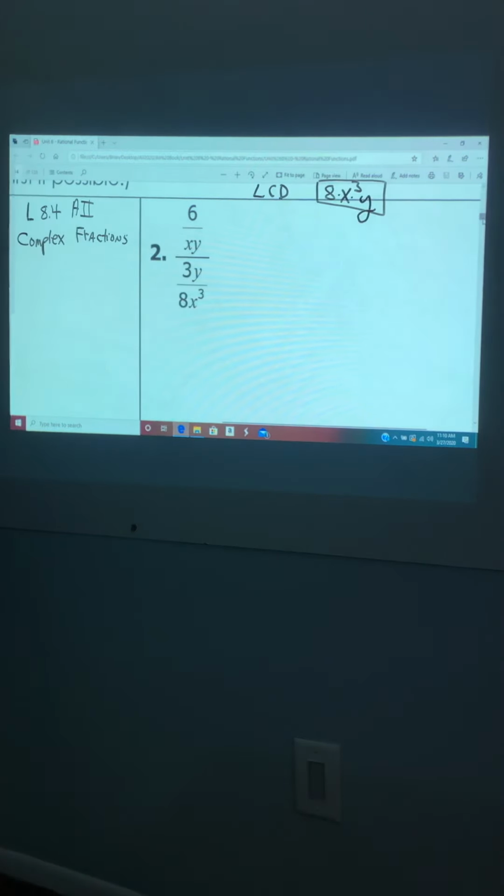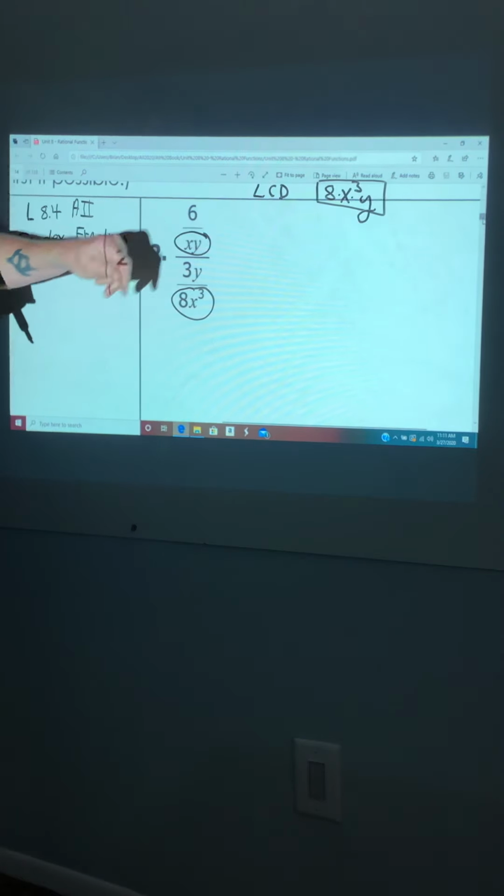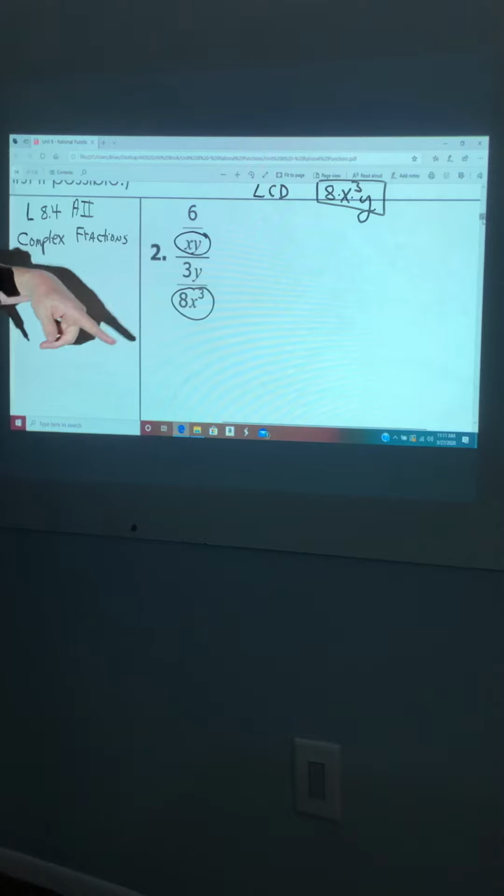Again, you're focusing on this denominator and this denominator. When you're looking for a lowest common multiple, multiples are like 8, 16, 24. The lowest multiple that 8 and 1 have in common is 8. This is x to the first, this is x cubed, so x cubed is bigger, but both of them can go into x cubed, and then I need the y.